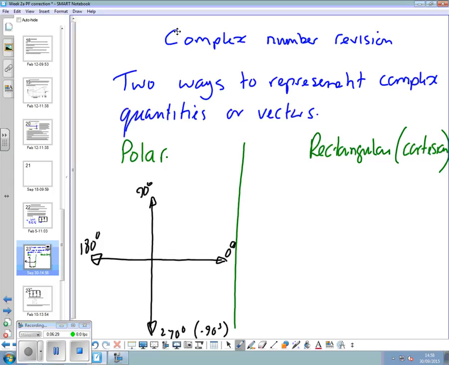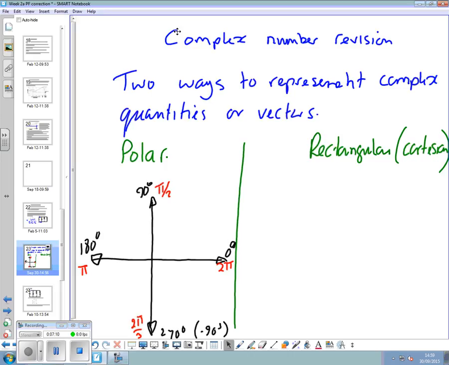Equally, we could work with these being pi over 2 radians, pi radians, 3 pi over 2 radians, back to 2 pi. Full circle is 2 pi.